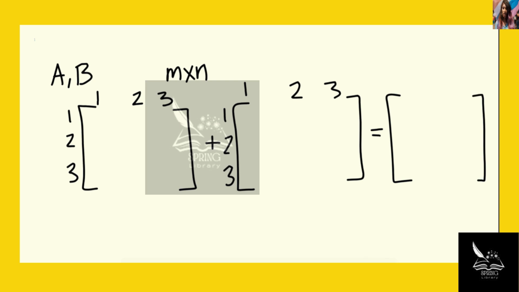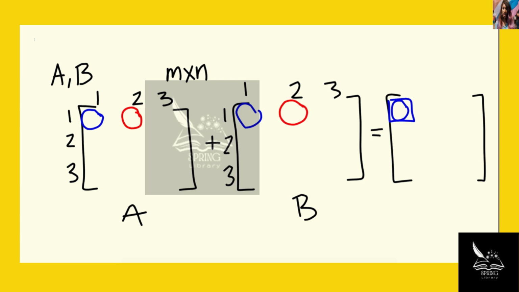For example, you'll add the element in the first column in the first row of matrix A to the element in the first column in the first row of matrix B. Then you'll add those two together and that'll give you this element, and you'll repeat the process. So the first row second element of A added to the first row second element of B will equal the first row second element of the sum, okay?